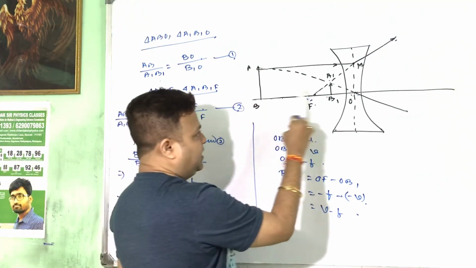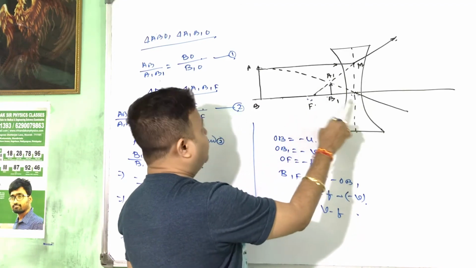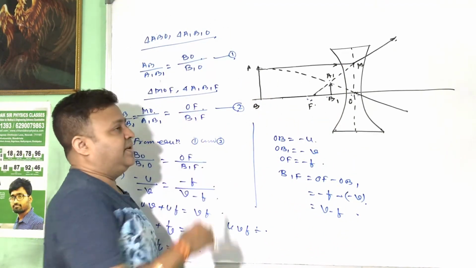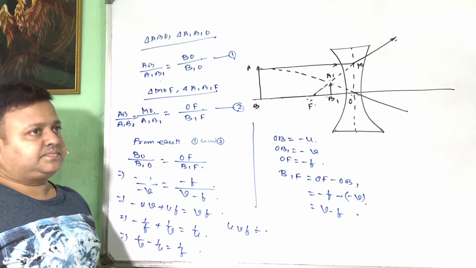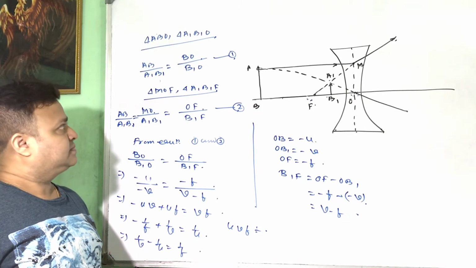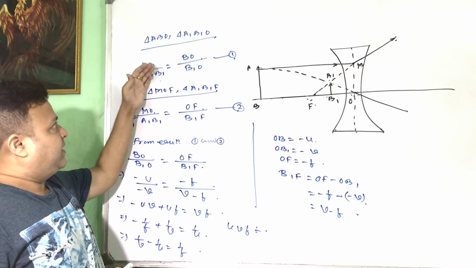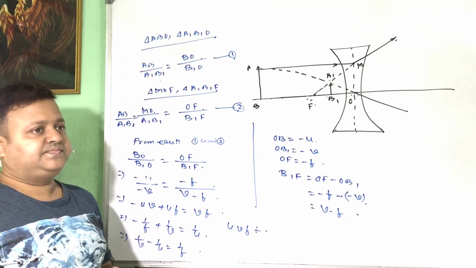Then ABO and A1B1O are similar triangles, AB by A1B1 equals BO by B1O.